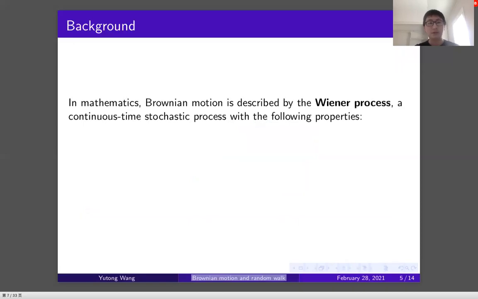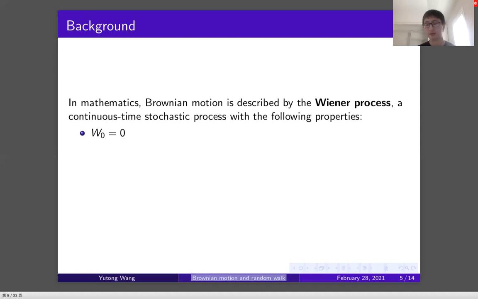So back to mathematics. In mathematics, Brownian motion is described by the Wiener process. This is a very important definition. A Wiener process is a continuous time stochastic process which has the following four properties. The first one is that when t is equal to 0, the Wiener process is equal to 0.